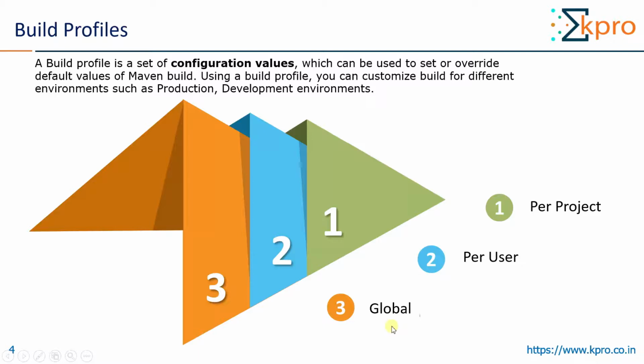In global level, the Maven's settings.xml file, which would be available in conf directory in the installation path, is modified, and if the system is supporting multi-user access, then all the users will get affected with that configuration.